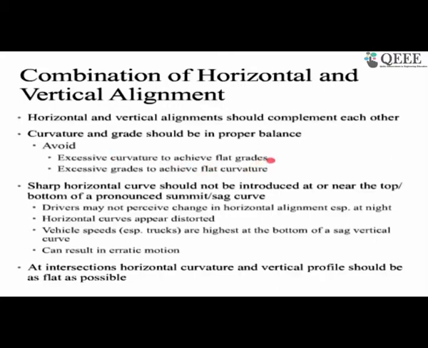That should be avoided, because it will introduce excessive curvature in the horizontal alignment. Suppose you are connecting two cities and there is a hill in between. To make your road straighter, you go straight over the top of the hill and straight down again. This is not advisable.